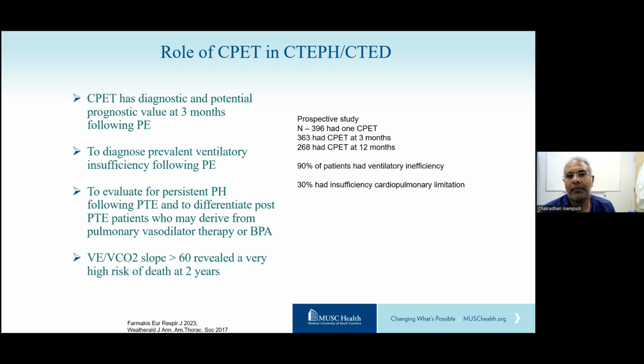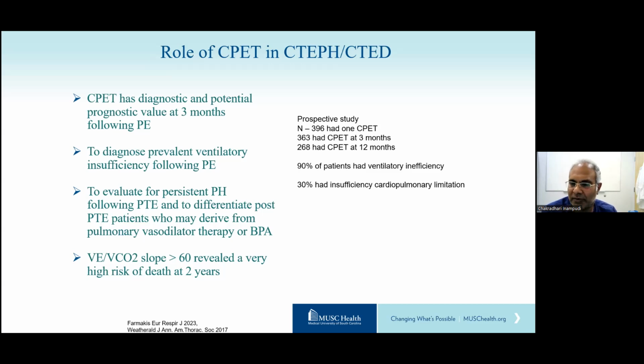Now, when you perform a cardiopulmonary exercise test in these patients and the slope is high early on following the diagnosis, and they have developed chronic thromboembolic pulmonary hypertension, if they're amenable to surgery, which is the standard of care for patients with CTEPH, and you're able to complete the surgery, many patients actually have resolution of the ventilatory abnormalities following the pulmonary thromboendarterectomy.